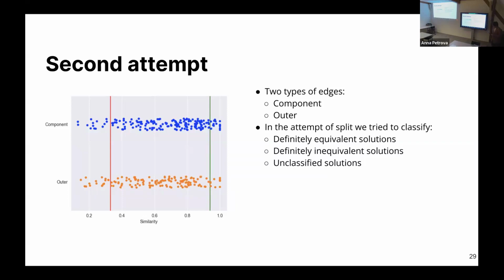And the results we have: we split 20% of solutions as definitely equivalent or inequivalent, and 60% of the solutions were not split, so it was unclassified. So that is very bad.